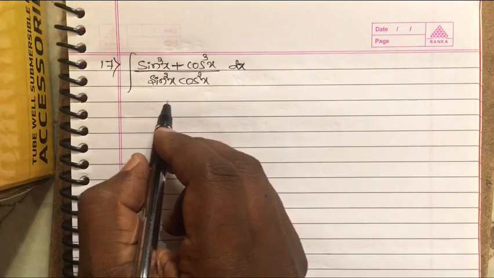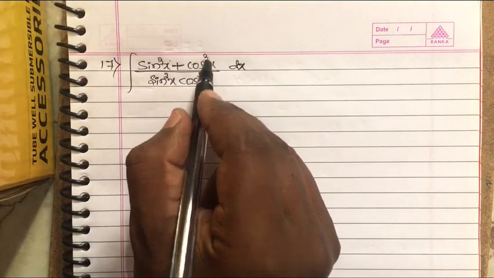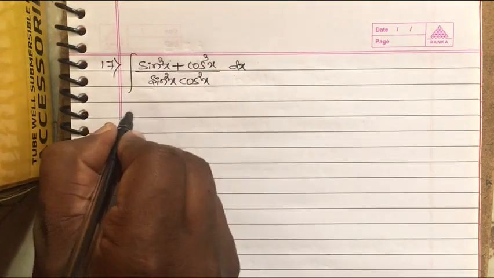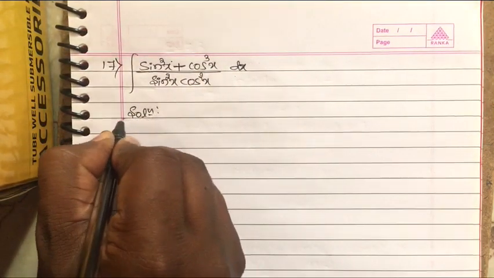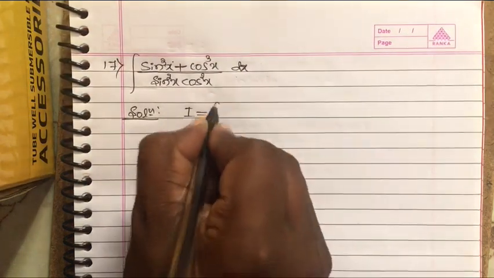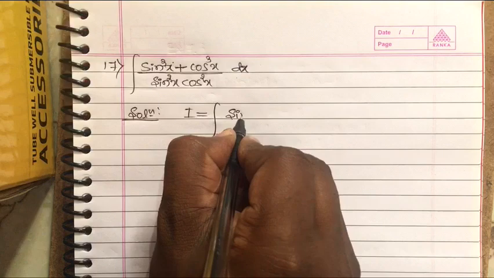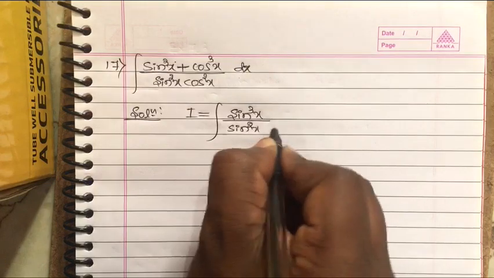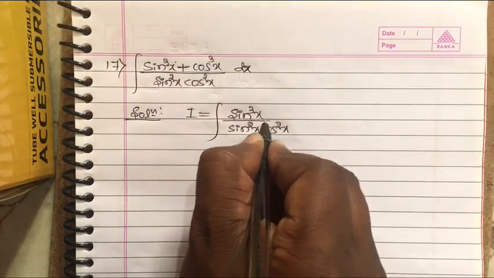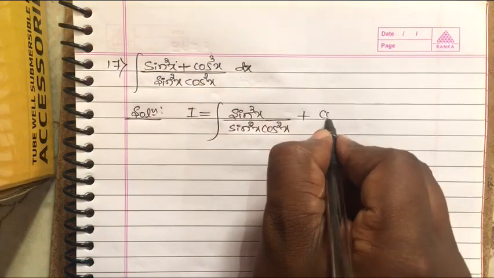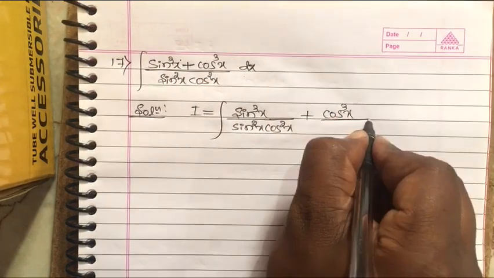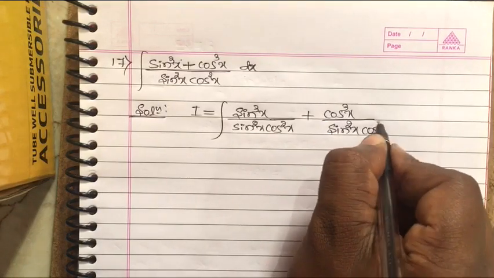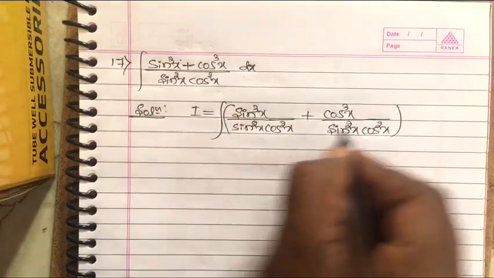Well, the 17th question is integral of sin cube x plus cos cube x divided by sin square x into cos square x. Here we have to split the numerator. I equals integral, splitting the terms: sin cube x divided by sin square x into cos square x, plus cos cube x divided by sin square x into cos square x dx.